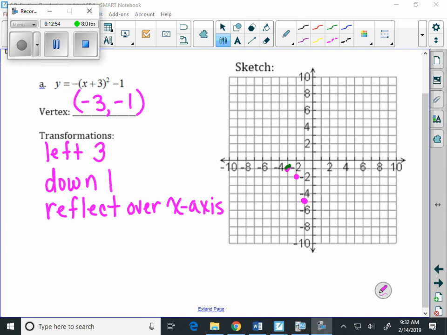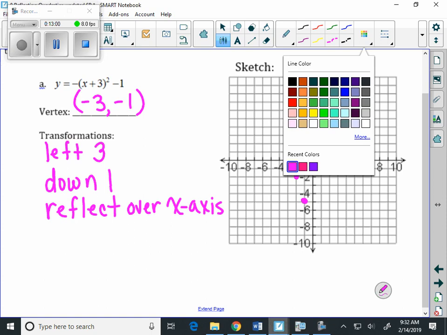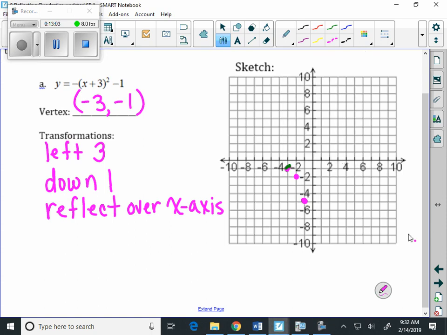We're going to go 1 space to the left from that point that I highlighted in green, and 1 down. And also from that point in green, we're going to go 2 spaces to the left and 1, 2, 3, 4 down.